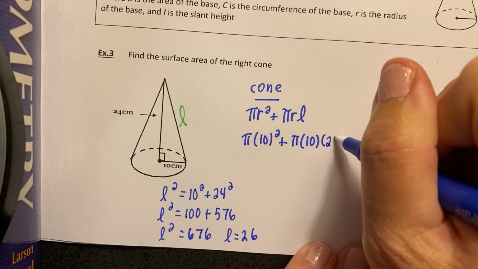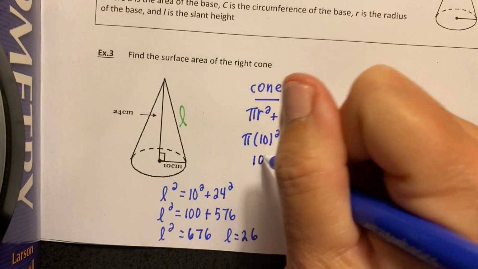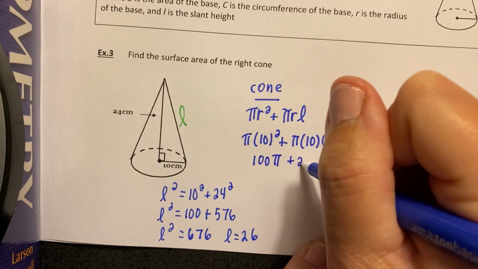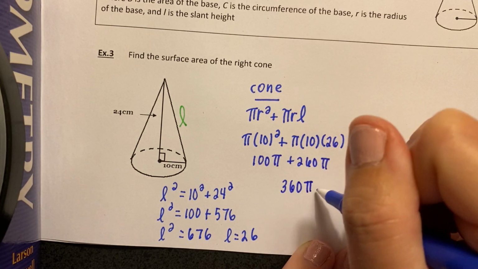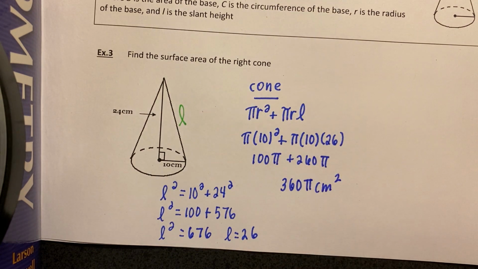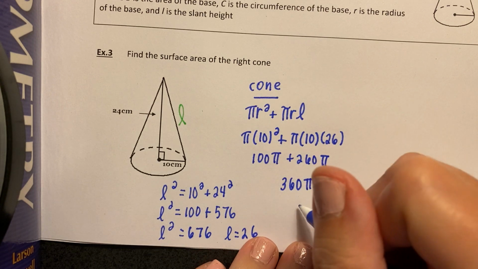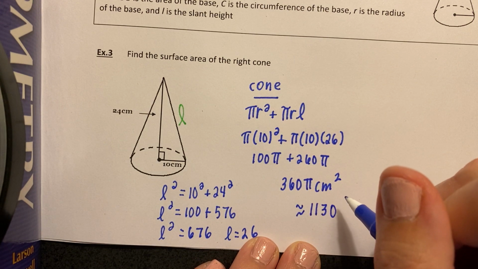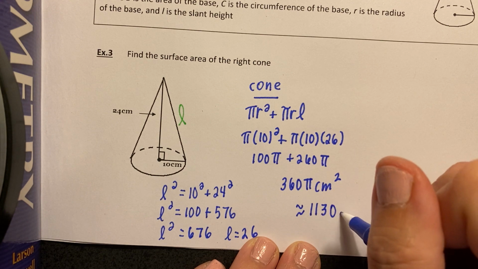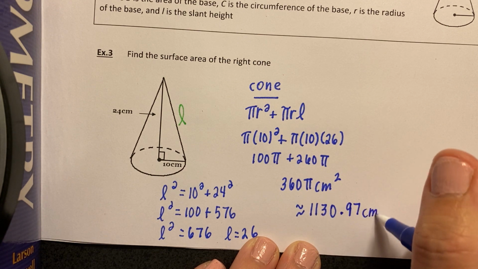Either way, my L is 26. So I get 100 pi plus 260 pi. So a lot of times when they come out super clean like this, my students like to leave it as 360 pi centimeters squared, which is about, if you wanted to do that, 1,130.97 centimeters squared.